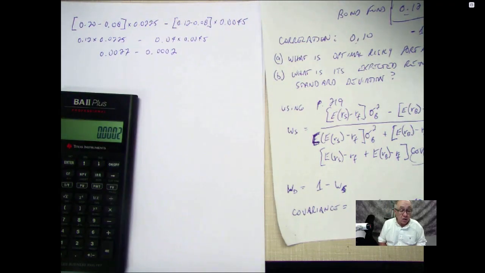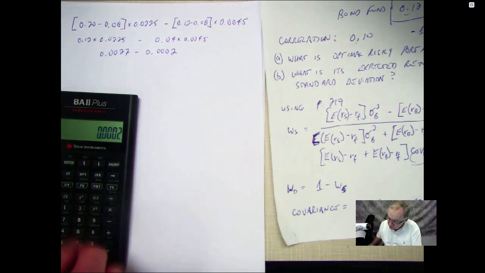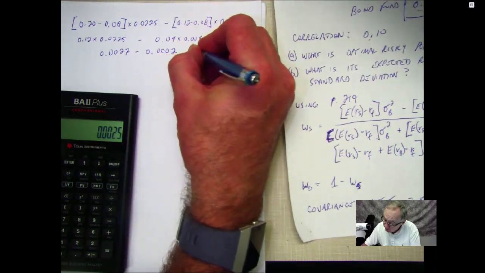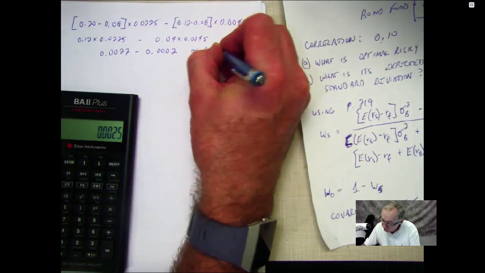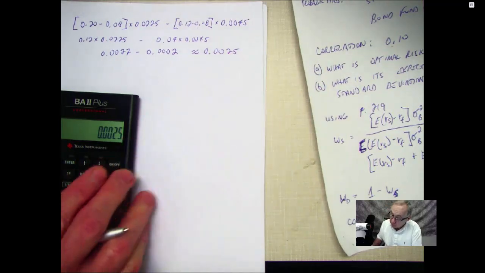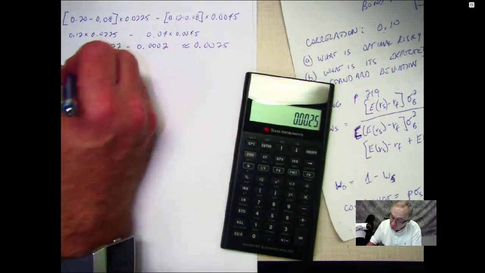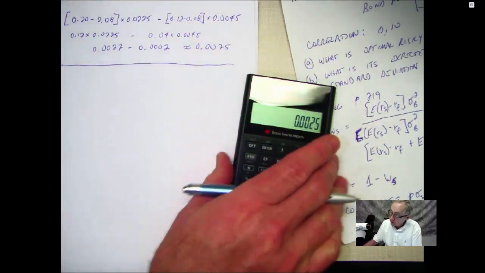It's actually a little longer than that if we use more decimals in our calculator. So 0.0027 minus 0.0002 is approximately 0.0025 to 4 decimal places. So that's our numerator.